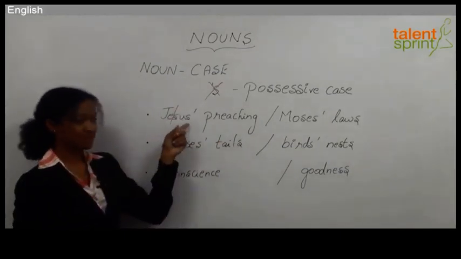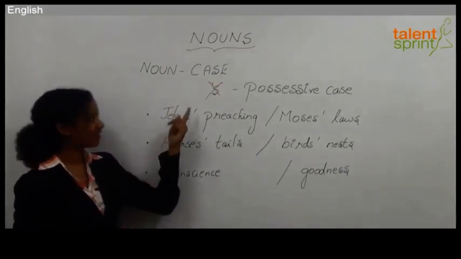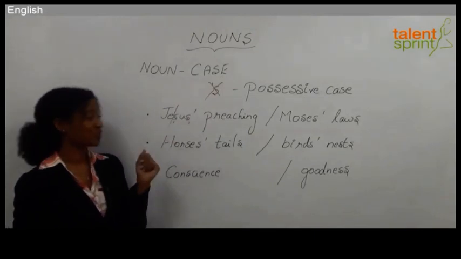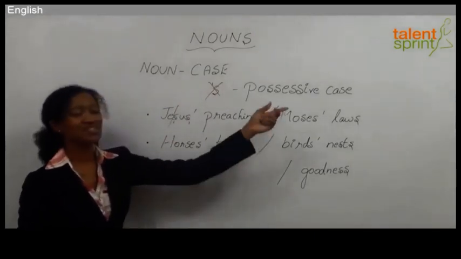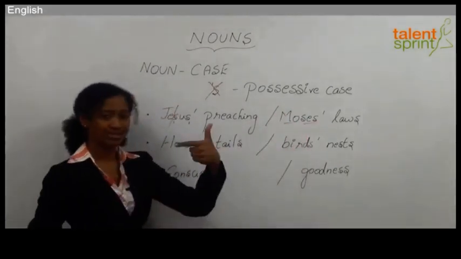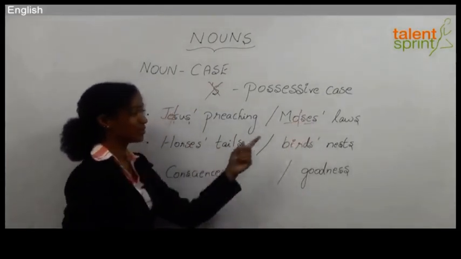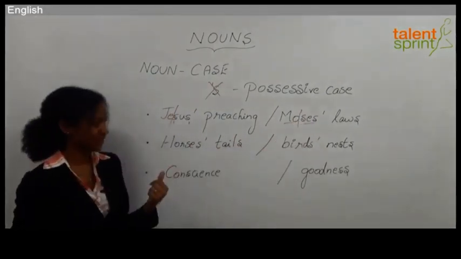The second syllable, or the last syllable, begins and ends with S. Then I don't need to use the genitive sign in the possessive case. Same way here, Moses' laws. Moses, first syllable, second syllable begins and ends with S. So I omit the genitive sign.